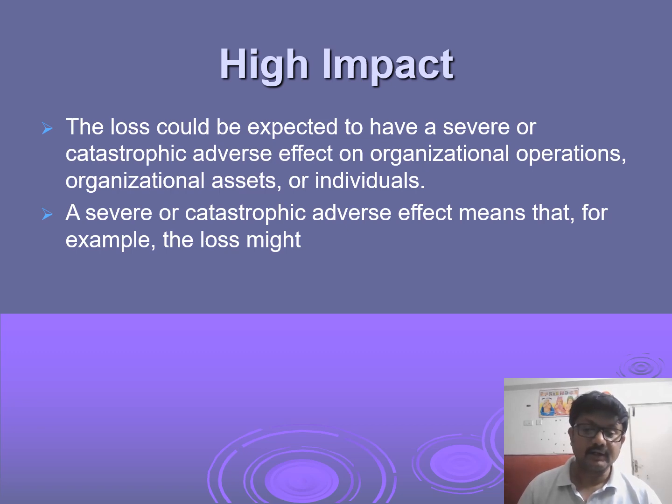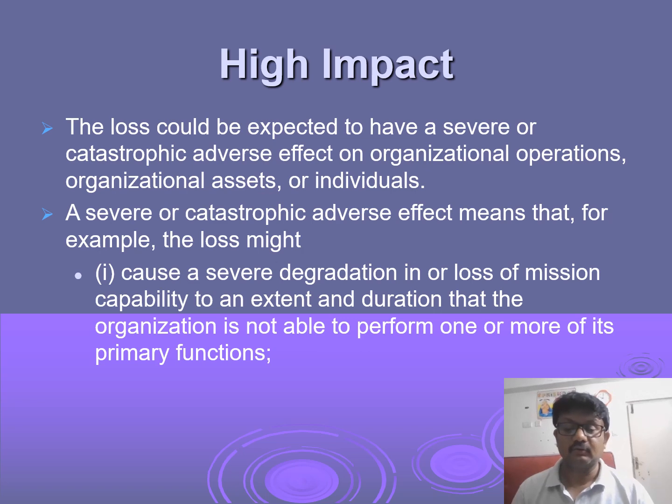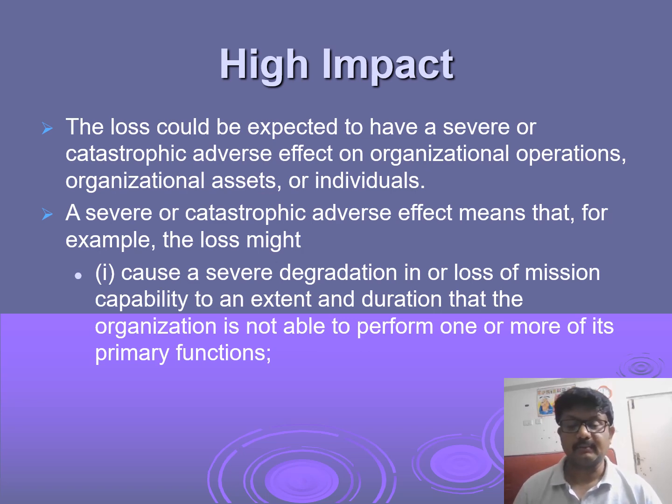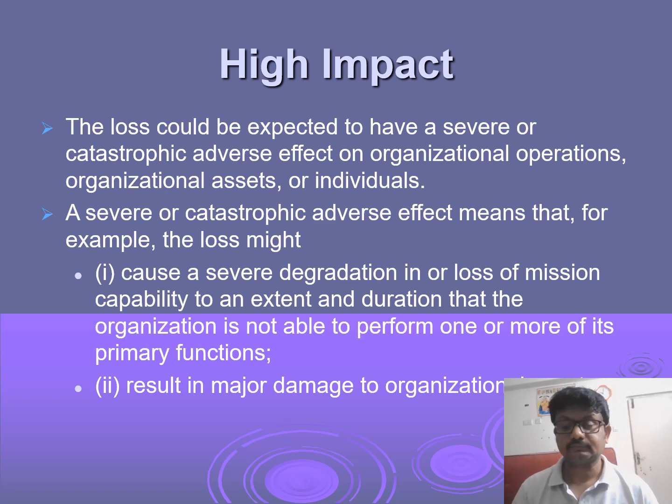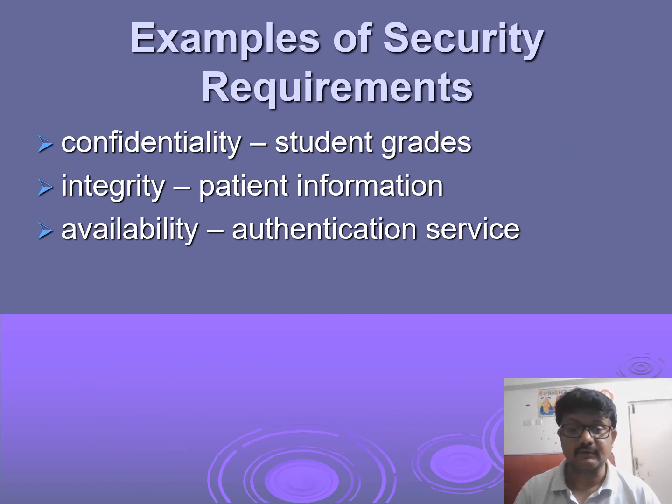A severe or catastrophic adverse effect means that, for example, the loss might cause a severe degradation in or loss of mission capability to an extent and duration that the organization is not able to perform one or more of its primary functions. So it may result in major damage to the organization, major financial loss, or severe or catastrophic harm to individuals.